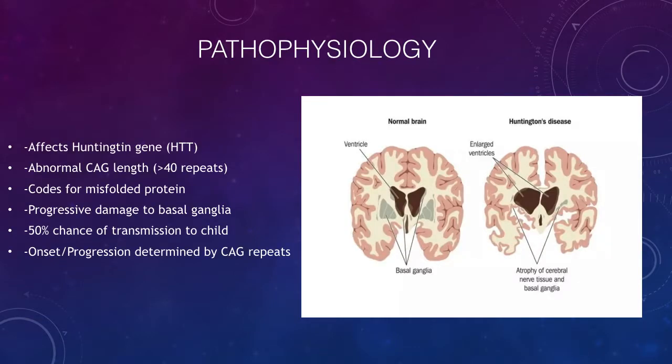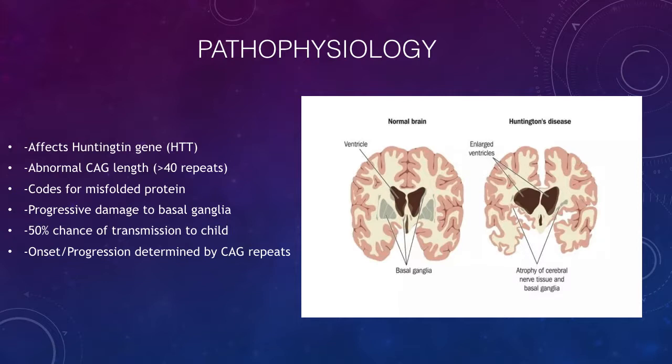Huntington's is caused by a mutation in the Huntington gene, also known as the HTT gene. Normally, this gene has a repeating CAG set of nucleotides, and those repeats are usually less than 40 in a normal person.